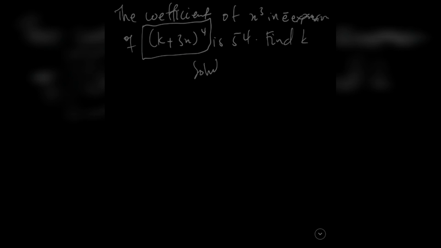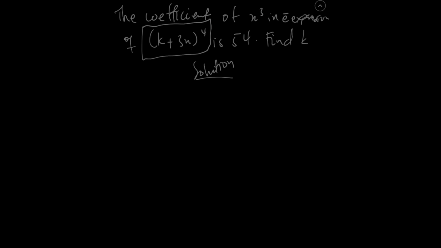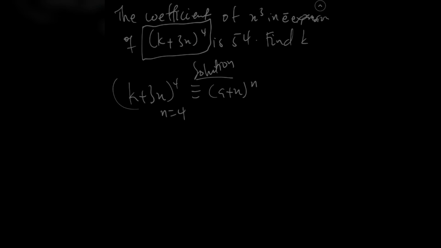So solution. Just as we compared the previous expression with a plus x all power n, we do the same. So n will be equal to 4. Our value of x prime will be 3x.